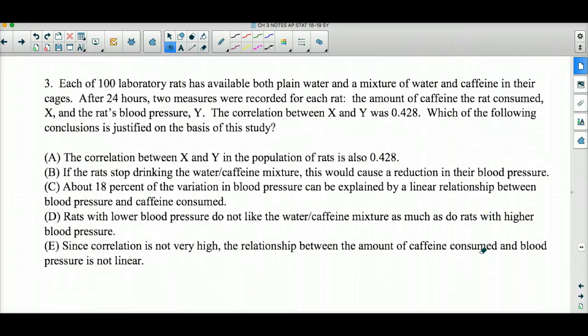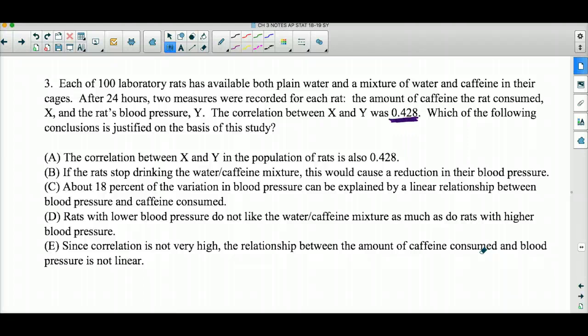100 lab rats have available both plain water and a mixture of water and caffeine in their cages. After 24 hours, 2 measures were recorded for each rat: the amount of caffeine the rat consumed and the rat's blood pressure. Okay, so the caffeine is X and the blood pressure is Y. The correlation between caffeine and blood pressure is 0.428.